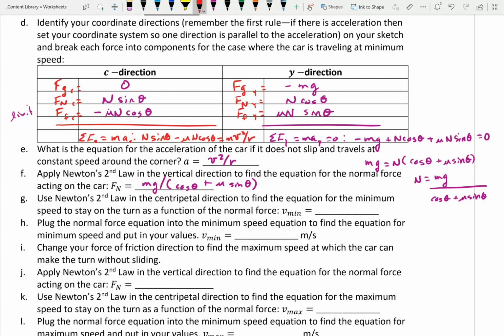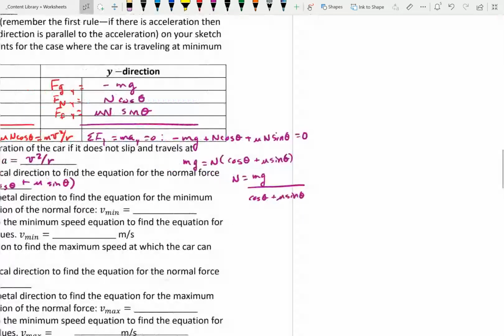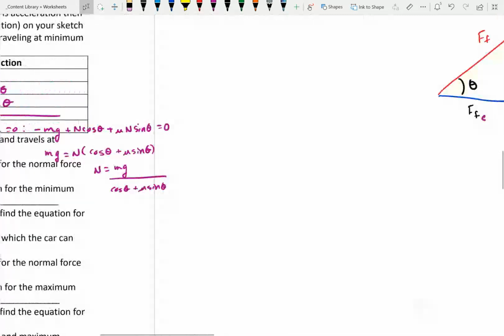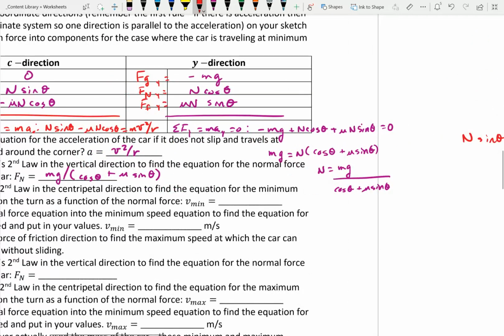Well, I just solved for n, right? And so if I substitute in n and then solve for v, and I have to come over to the side because I ran out of space there clearly. So that's n sine theta minus mu n cosine theta equals mv squared over r. Just make sure I copied it right.